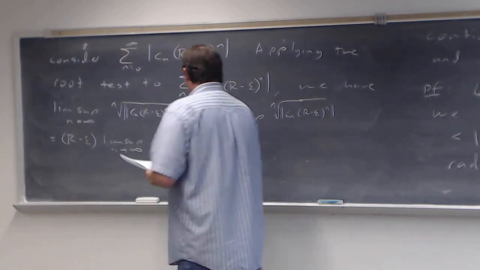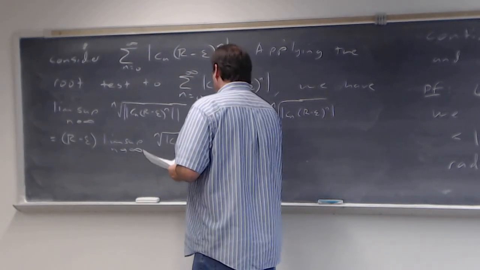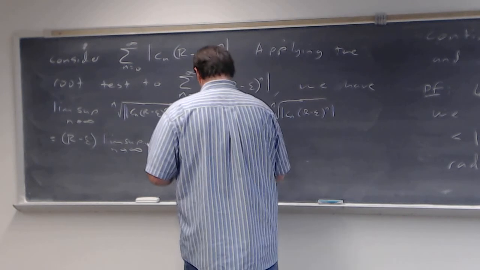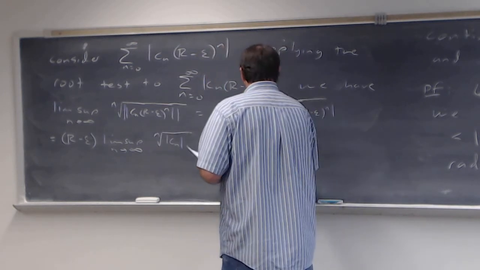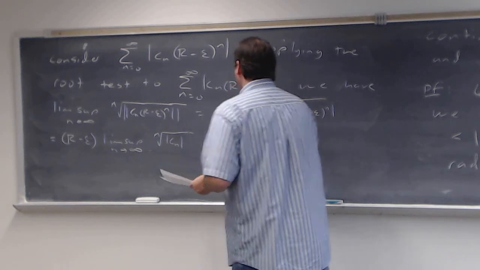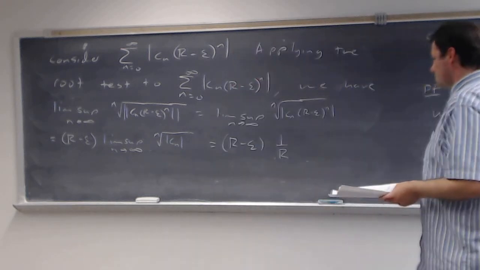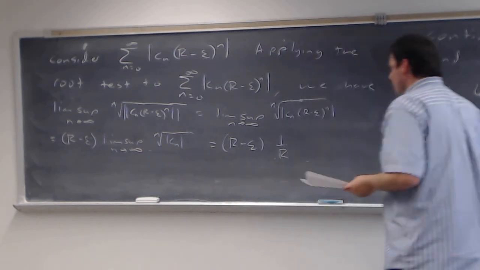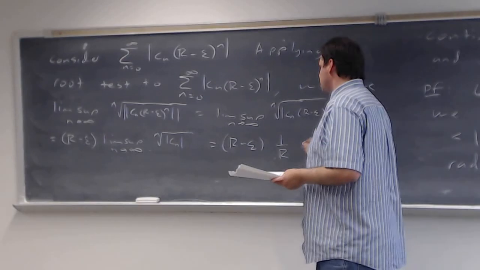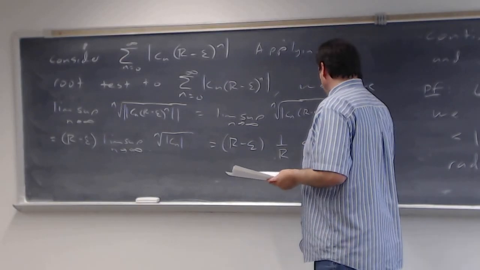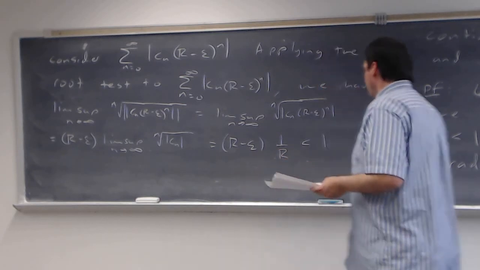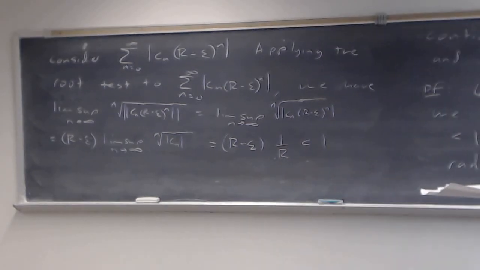This is equal to r minus epsilon times 1 over r, where that 1 over r is the alpha associated to the series, which we know is less than 1, because this is something smaller than r, over r.